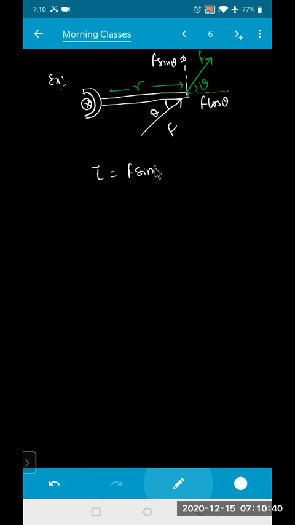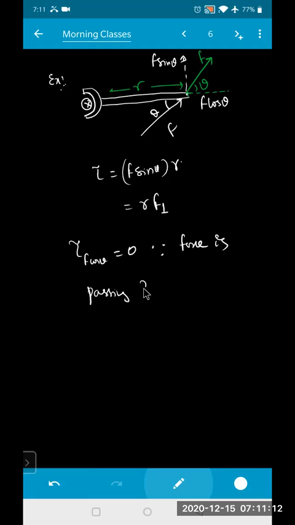So it is F sin theta into R, which is nothing but R into the perpendicular force. Now the torque because of F cos theta will be equal to 0, because that force is passing through the axis of rotation.